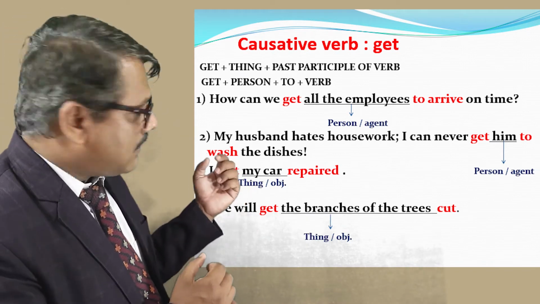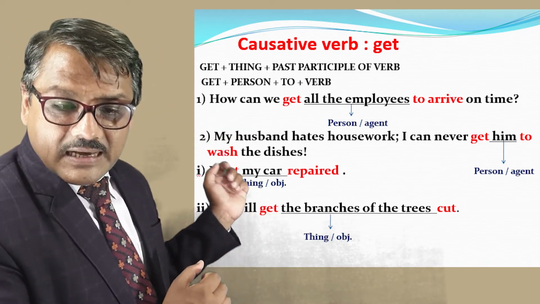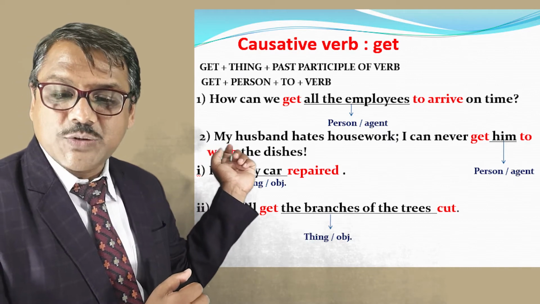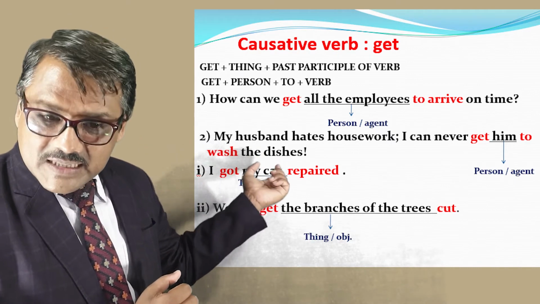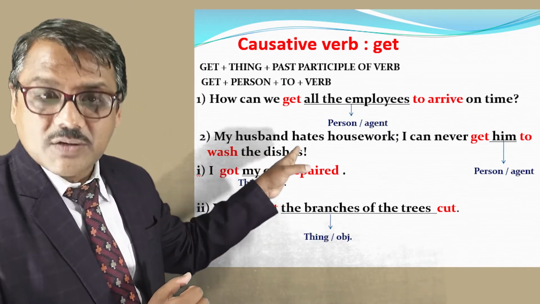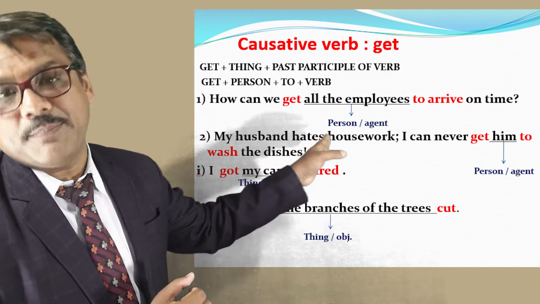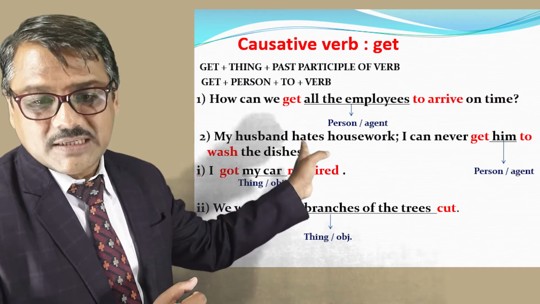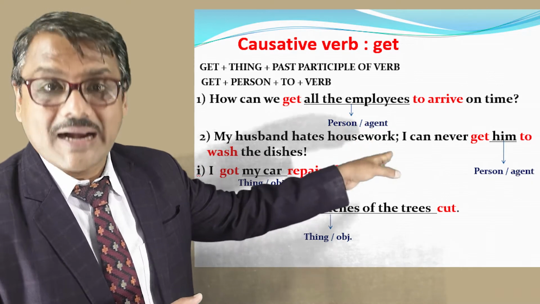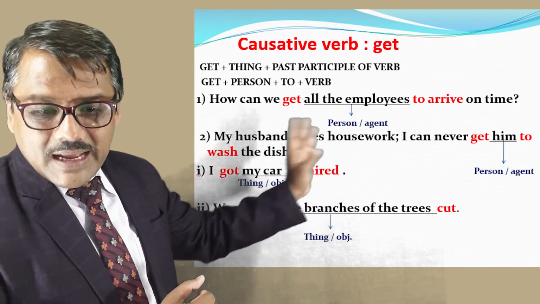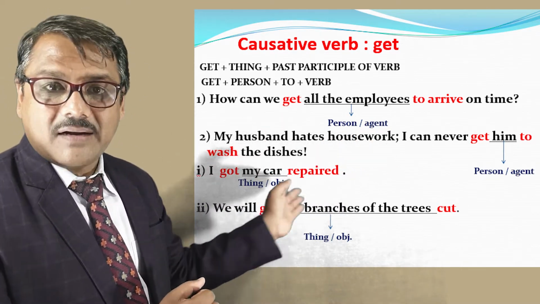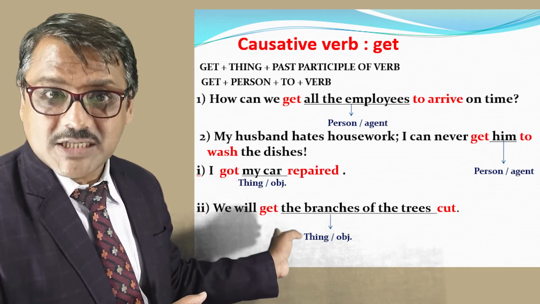And in the other sentence, how can we get all the employees to arrive on time? In this sentence, get agent. What is the agent? All the employees. Get agent to infinitive, to arrive. And I got my car repaired: get object, my car is the object.